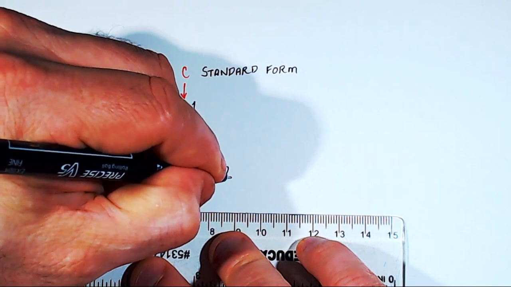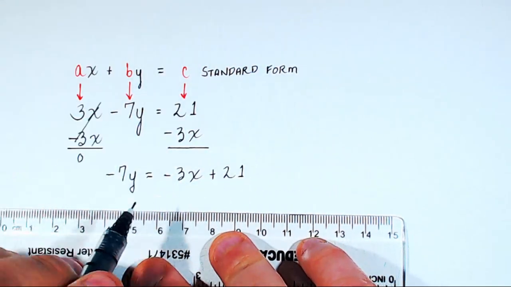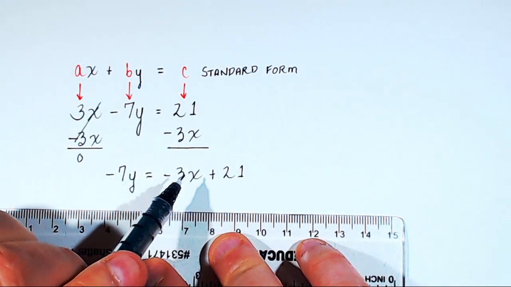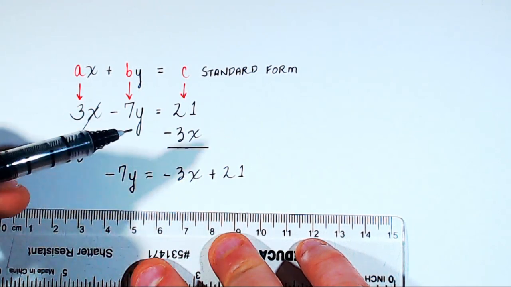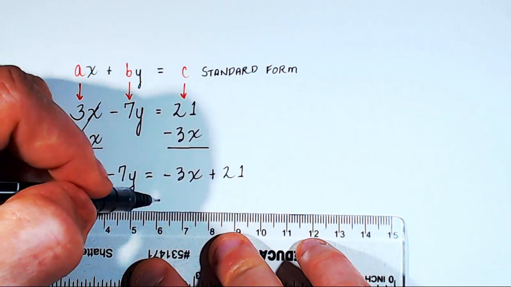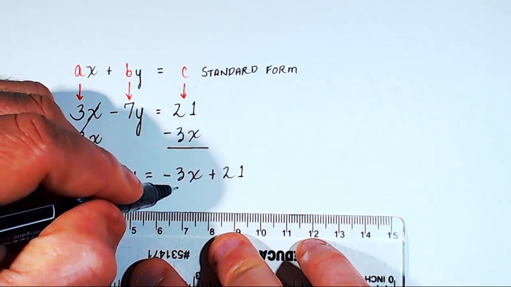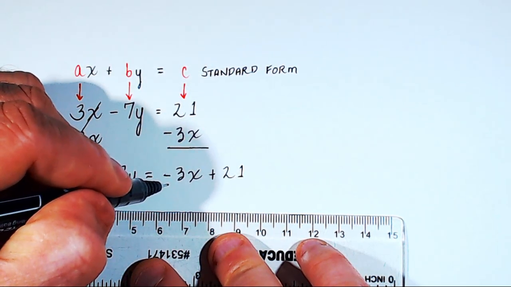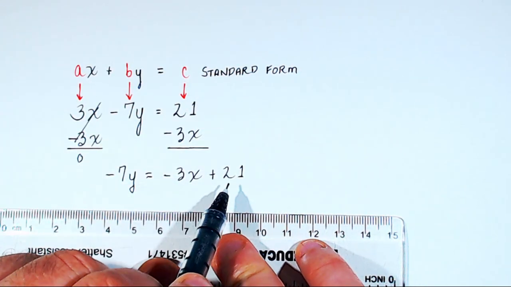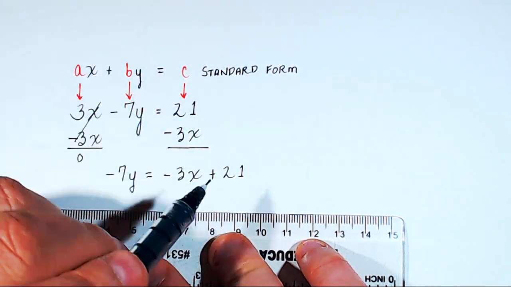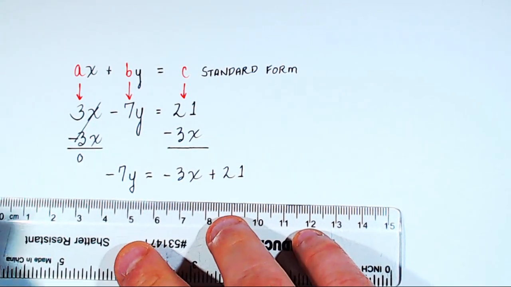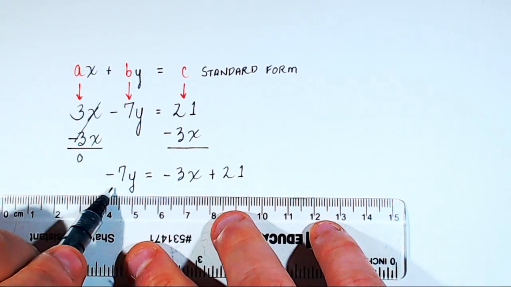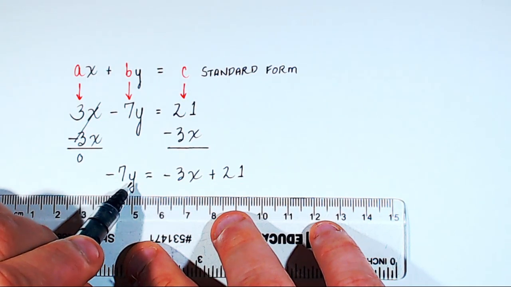plus 21. The reason I have rearranged these values on the right side of the equal sign is because the slope-intercept form of the equation, y equals mx plus b, wants that mx factor in front. Then you have the y-intercept. But this 21 is not the y-intercept, and we'll show you why. On the left side of the equation I still have a negative coefficient multiplied by the variable y.